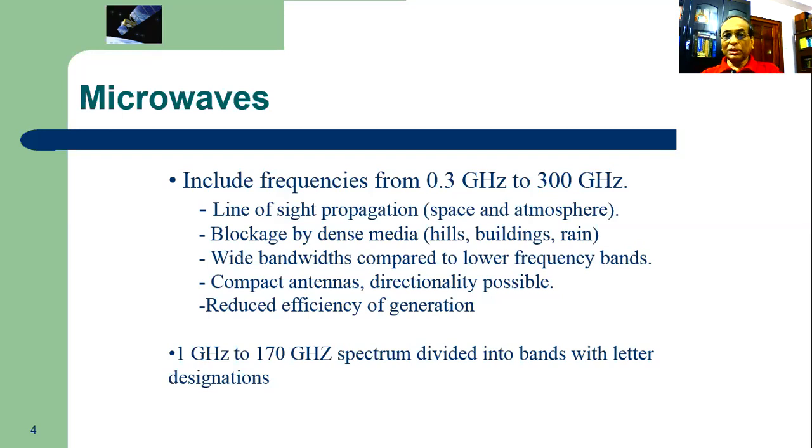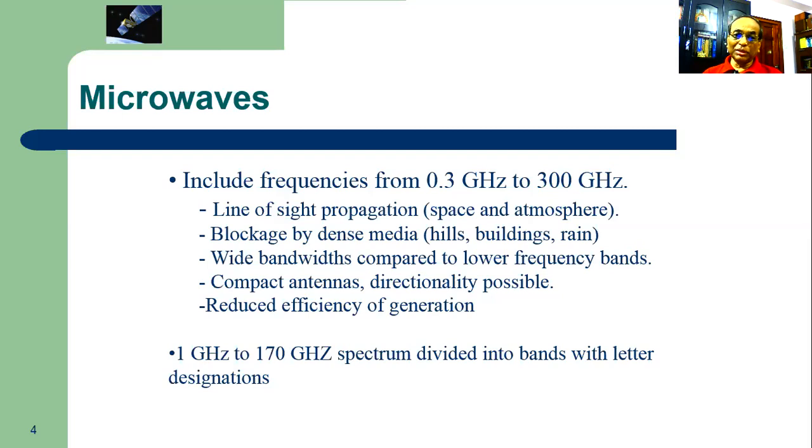This frequency range is very prone to power loss by the blockage of denser media like hills, buildings, rain, etc. Wide bandwidth compared to lower frequency bands is achievable because of the higher frequency of the carrier.